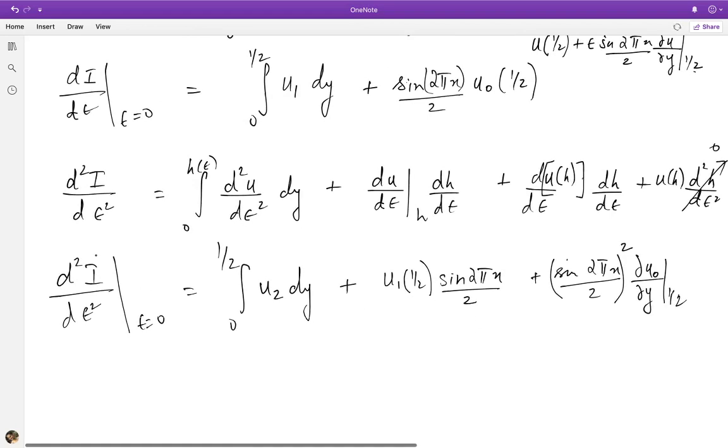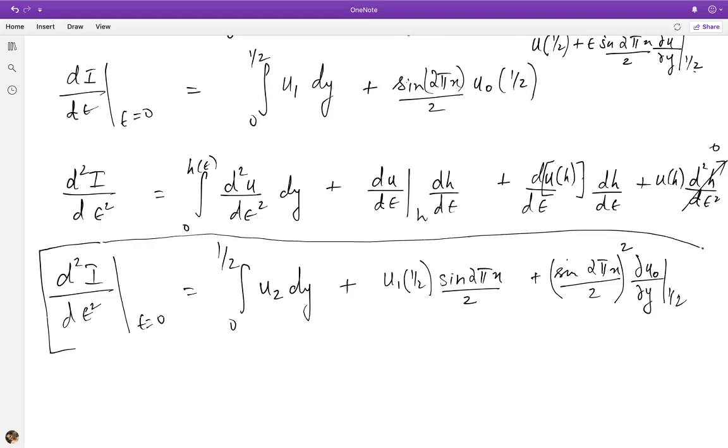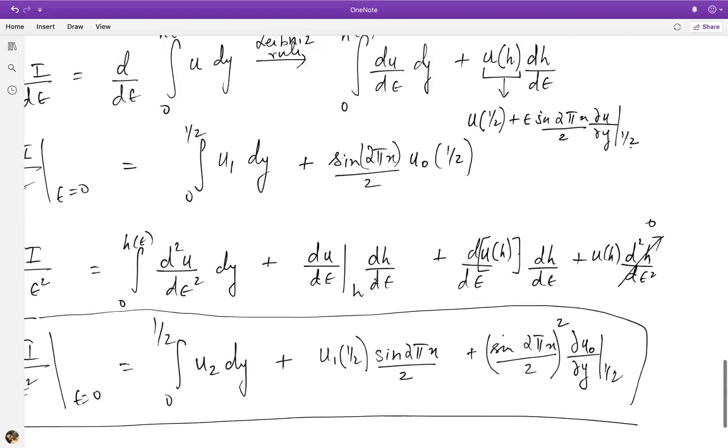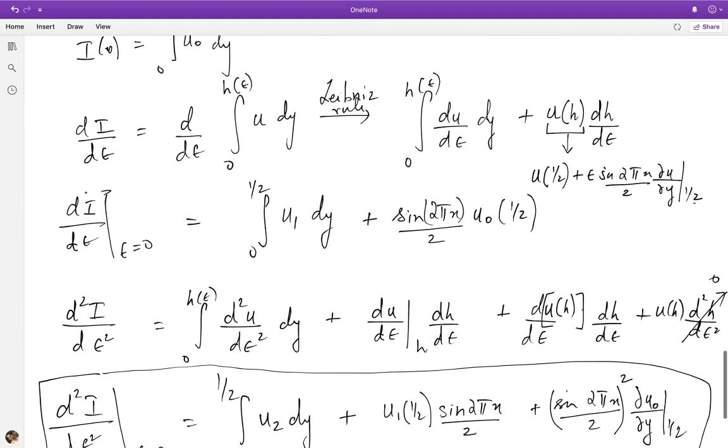So there you have it. I have now two second order expressions that I was after. One is here and the other one of course is right here.